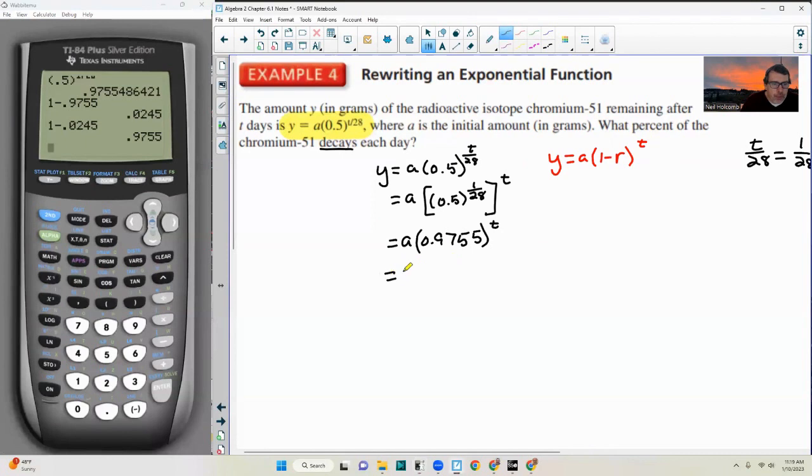So I'm going to rewrite that as 1 minus the number that we were given. So the a never changes. Now I want to write this as 1 minus, well, what is this number? It's 1 minus 0.0245.